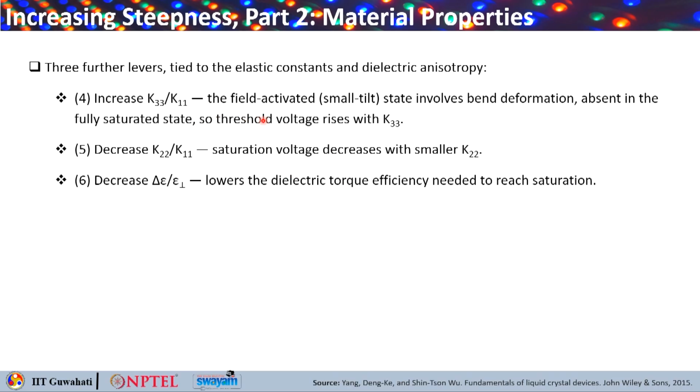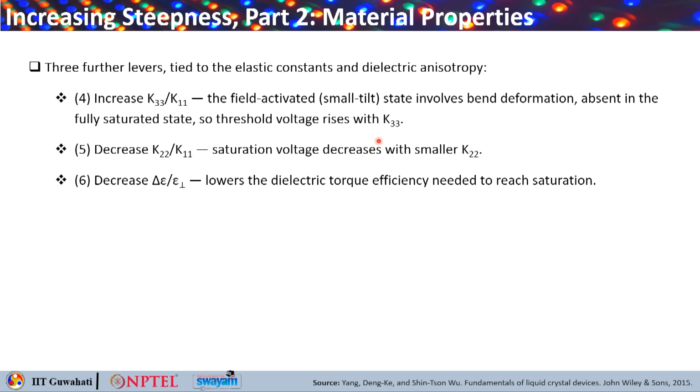So you can see in the first method, increasing K33 relative to K11 basically raises the threshold voltage, because the field activated state at small tilt angle basically involves bend deformation that the fully saturated state does not experience.